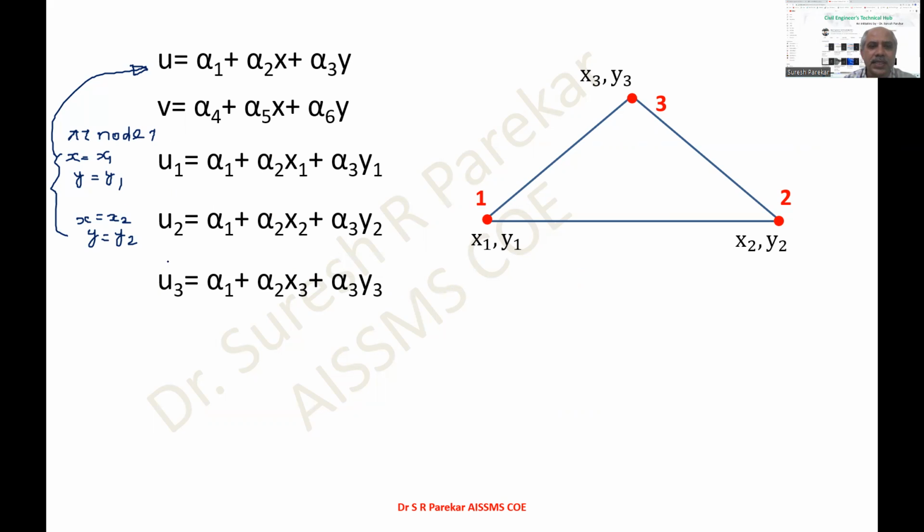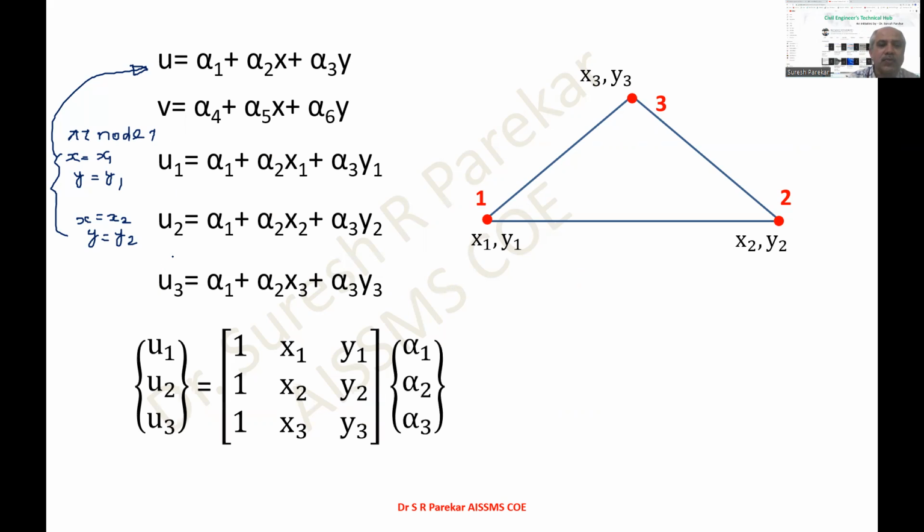Now knowing this, I am in a position to write it in matrix form. So we have u1, u2, u3, and here I have alpha 1, alpha 2, alpha 3. In the first row we have alpha 1, 1, alpha 2, x1, alpha 3, y1.